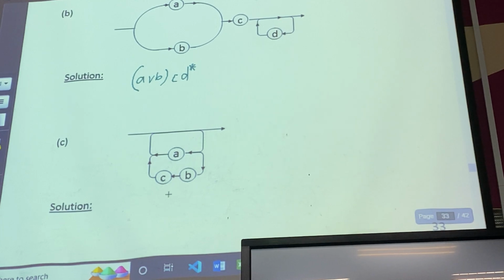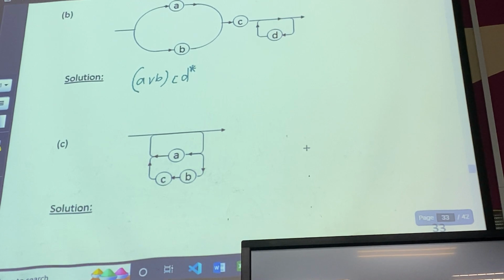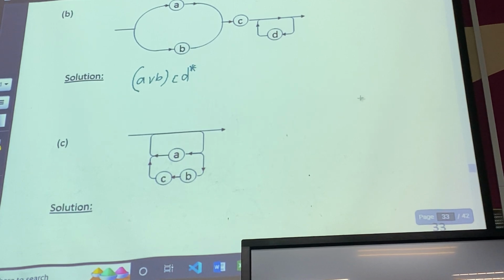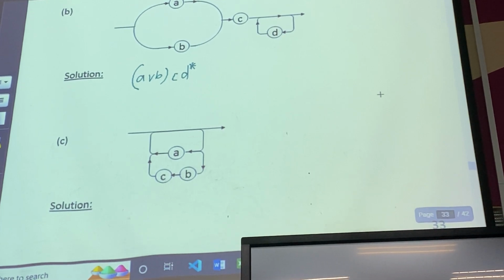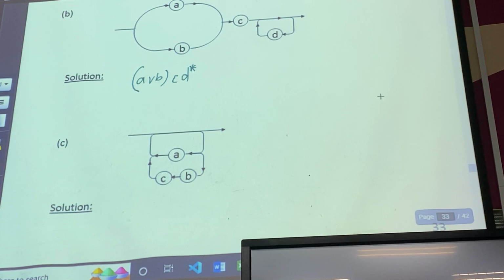How about this? A is 3. Yeah, A is 3. B, C, that's 3, like this.